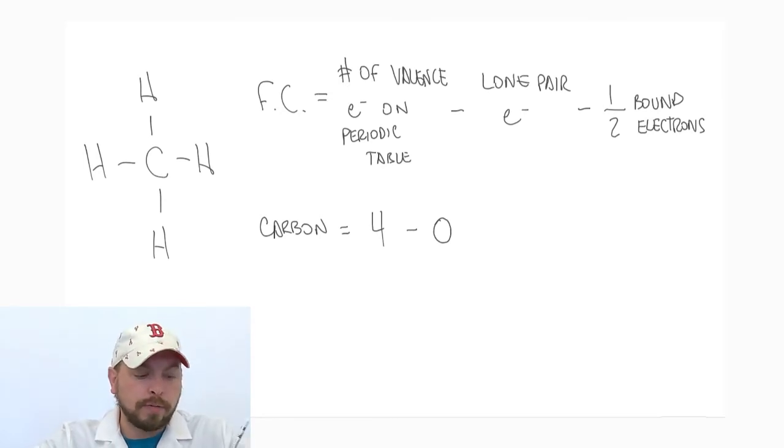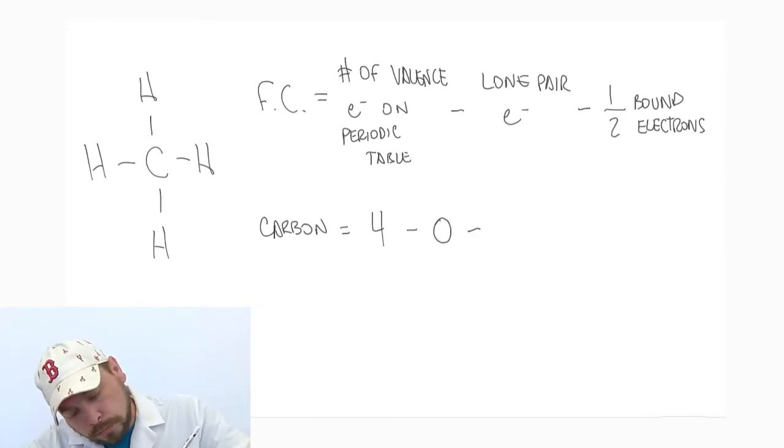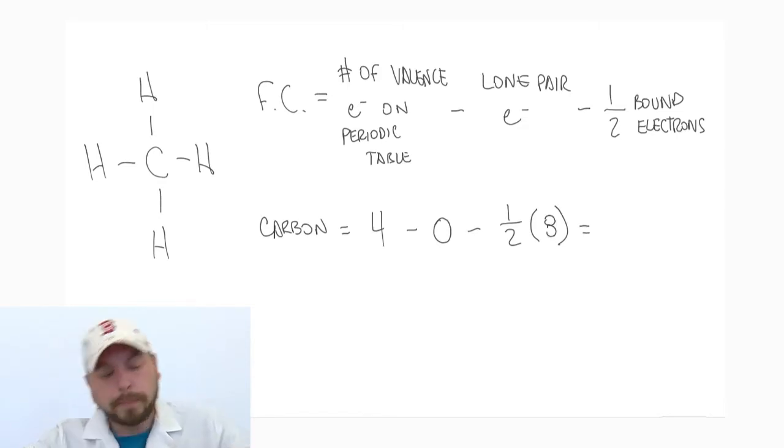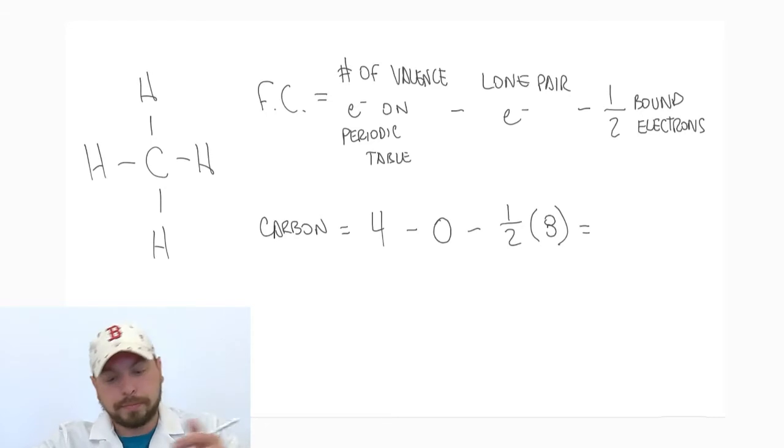And remember, each covalent bond represents 2 electrons. In formal charge, we're considering one to be owned by the carbon and one to be owned by each of the hydrogens, which means that carbon owns 1/2 of 8 valence electrons, which would be 4. This means that carbon's formal charge in methane is 0.